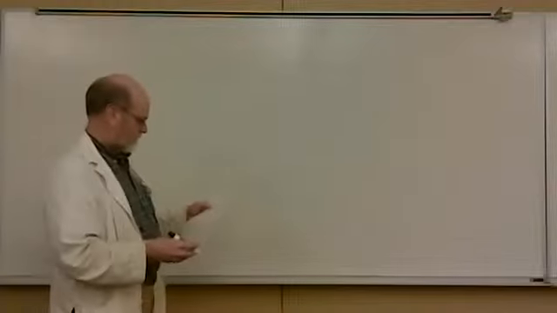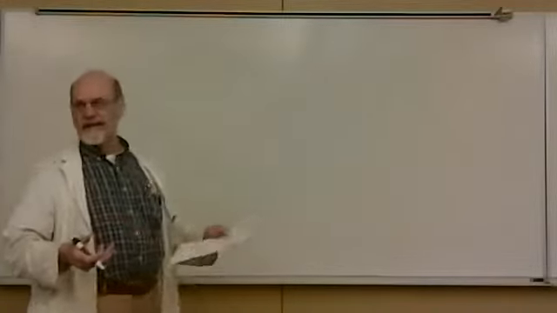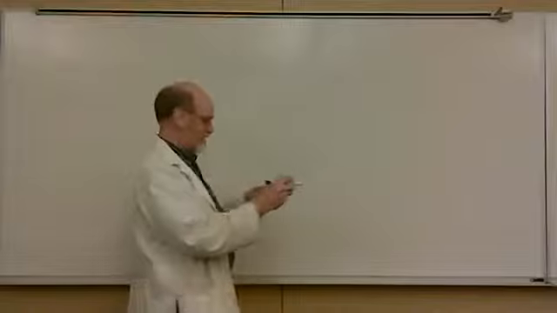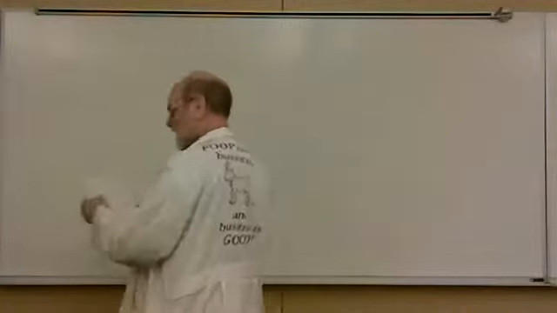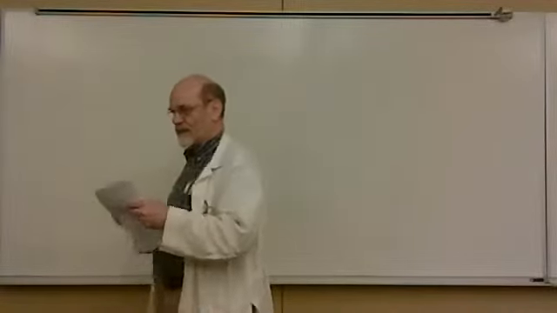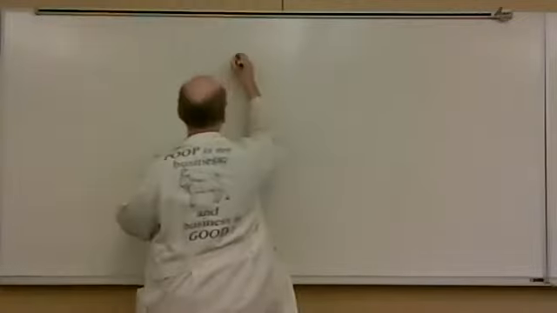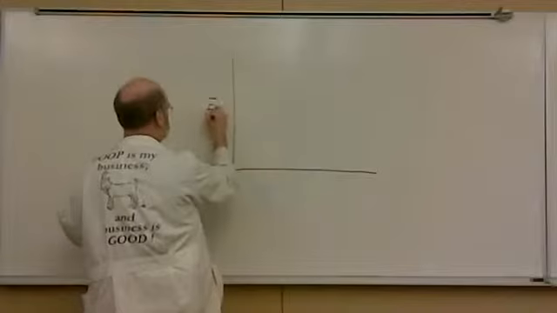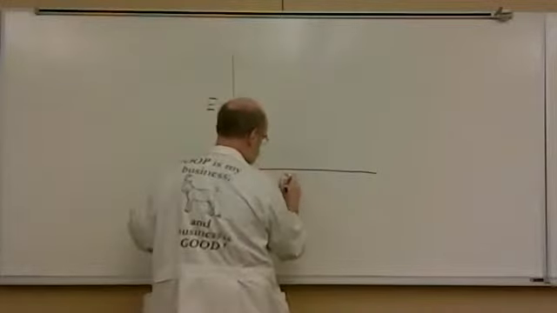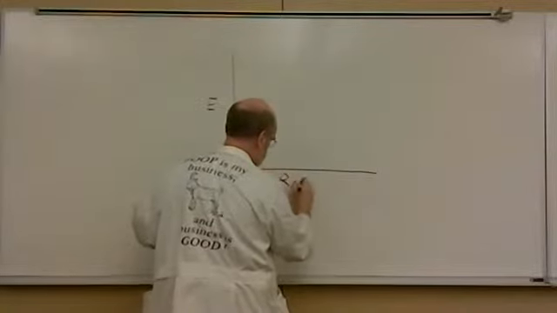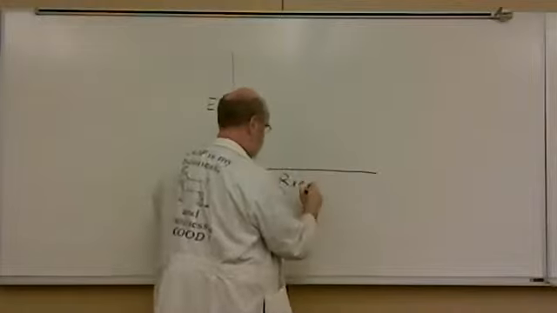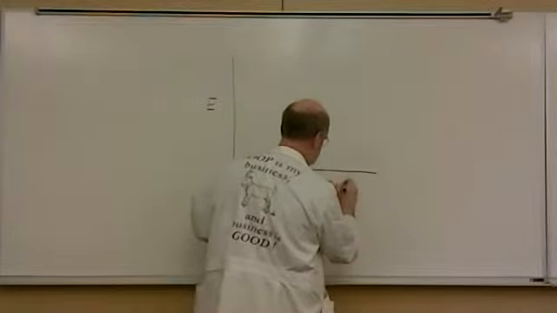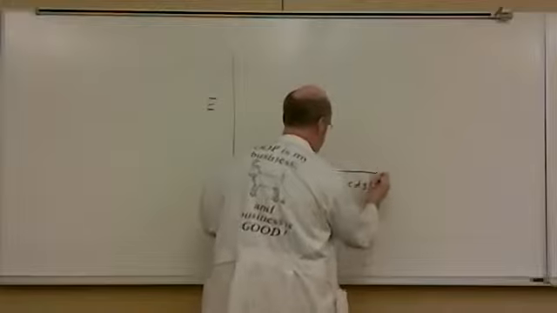Okay. Trouble is, the figure's not labeled, but it's given as a potential energy diagram. So it has to be like this. Energy's on that scale, and this is the reaction proceeds from left to right.